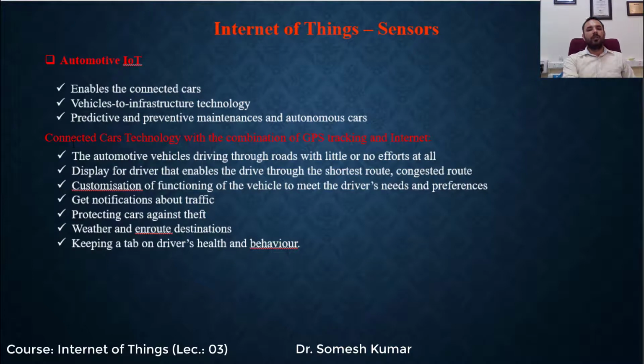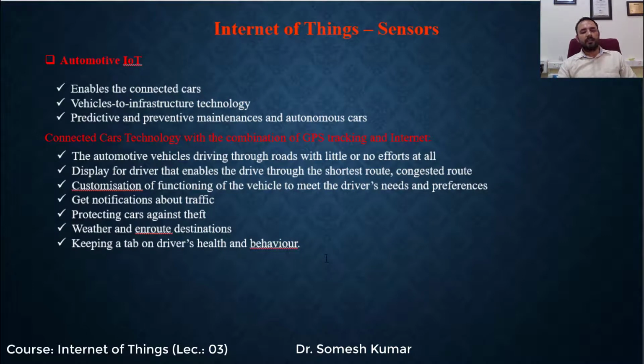There is one part that is connected car technology, a combination of GPS tracking and the internet. In connected car technology, vehicles drive through the roads with little or no effort at all.